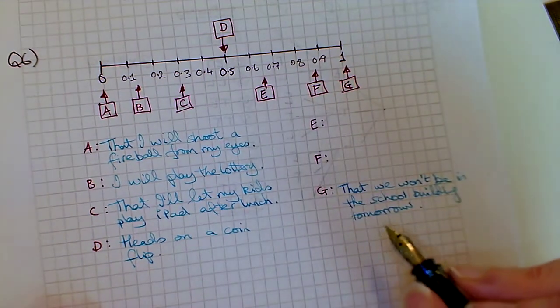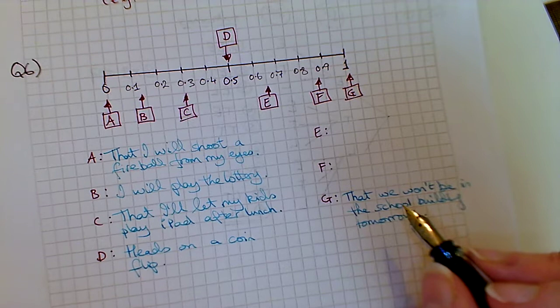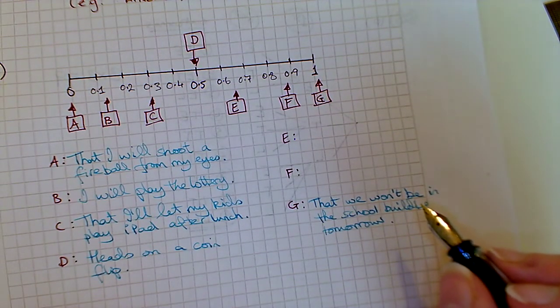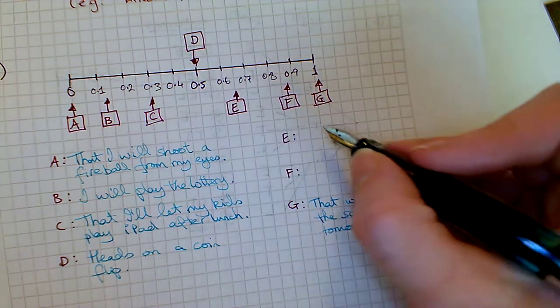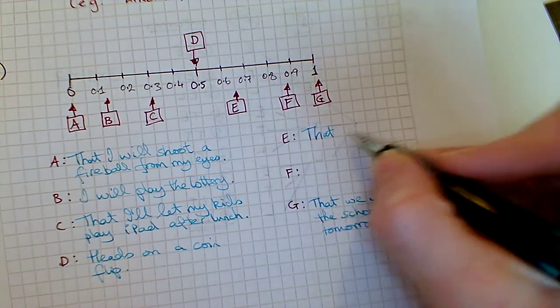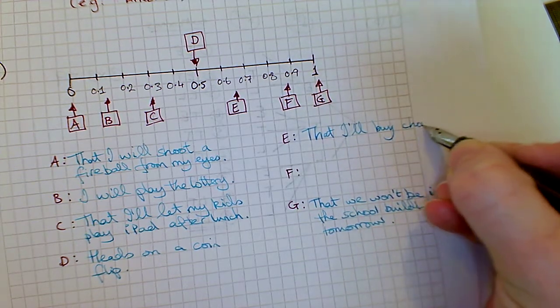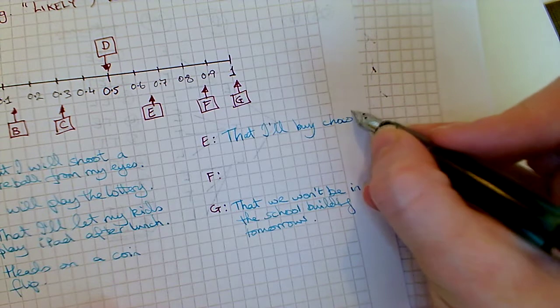65% chance. So not super likely, but a bit more likely than 50-50. That I'll buy chocolate next time I go to the shop. I don't always.